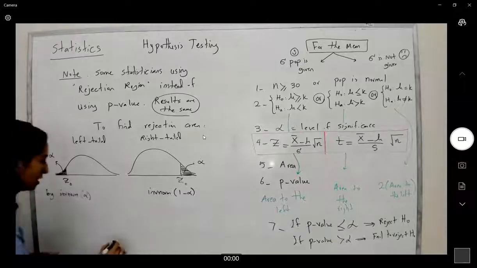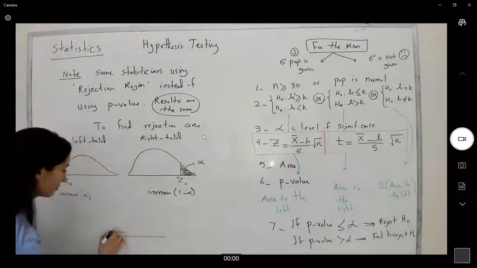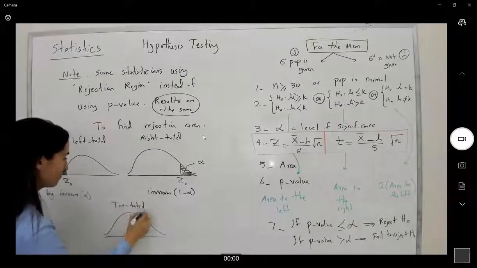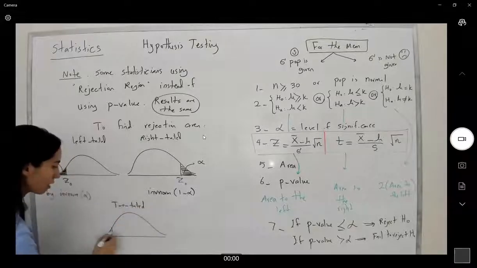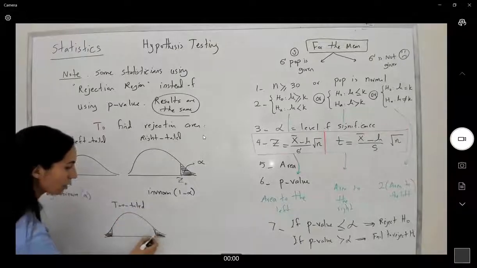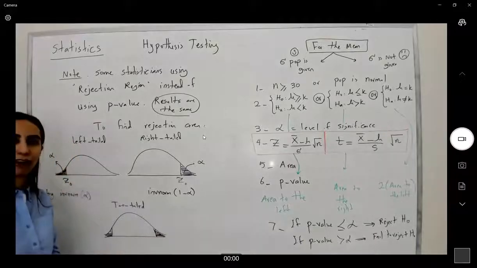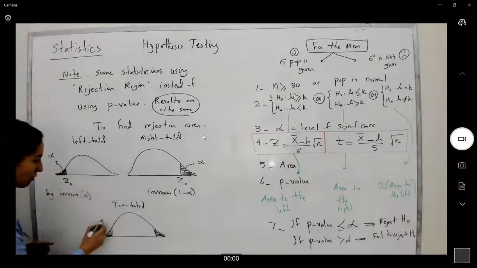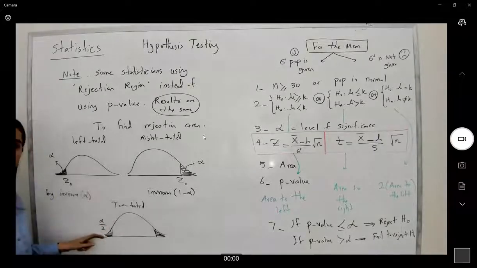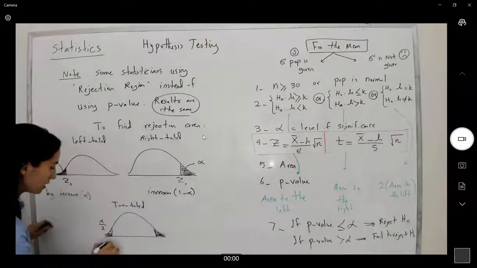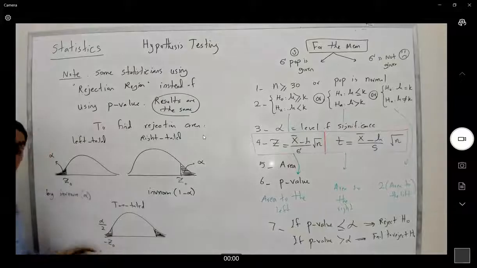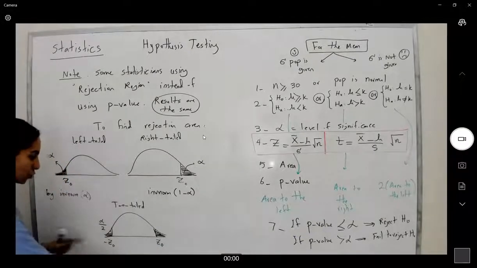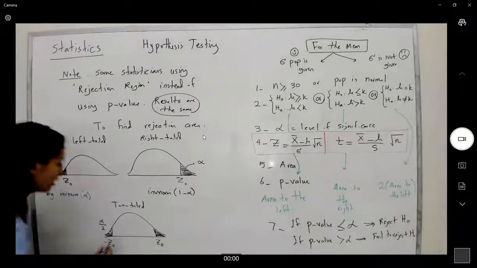And eventually, if you have a two-tailed graph, some part of alpha is on the left, some other part is on the right. Remember, the alpha or the level of significance is just the probability. So alpha divided by 2 is on the left-hand side. To find z sub 0, in this case, it's going to be negative. And positive z sub 0, we're going to use inverse norm for alpha divided by 2.